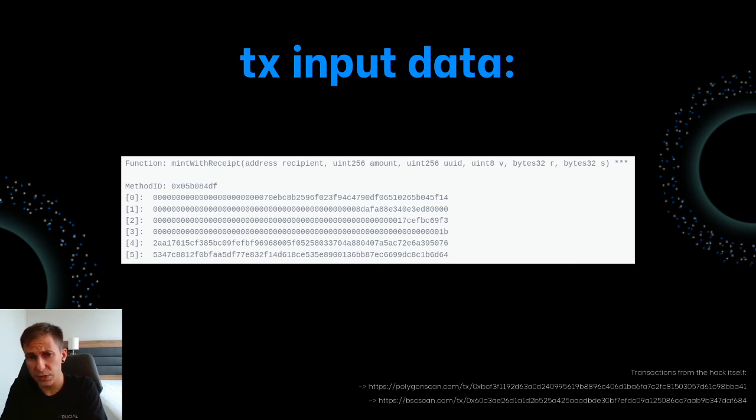Then you will see a mint with receipt function and the following method ID, and this is the example. This is the data that was signed and sent to the smart contract, and the attackers just did one thing.